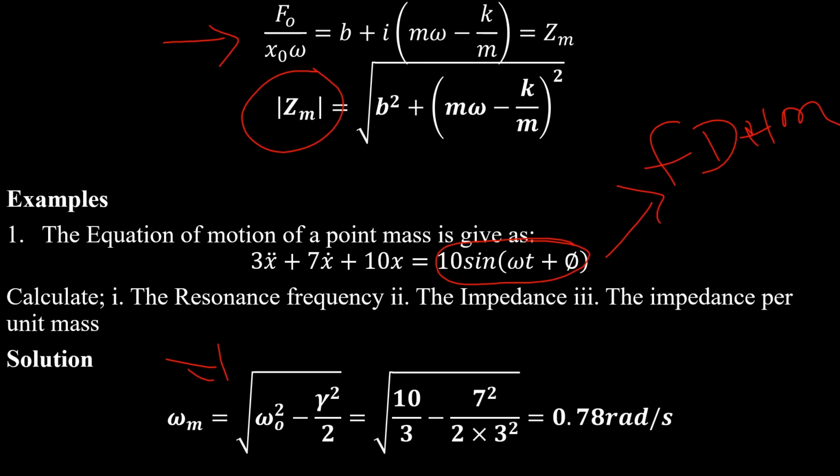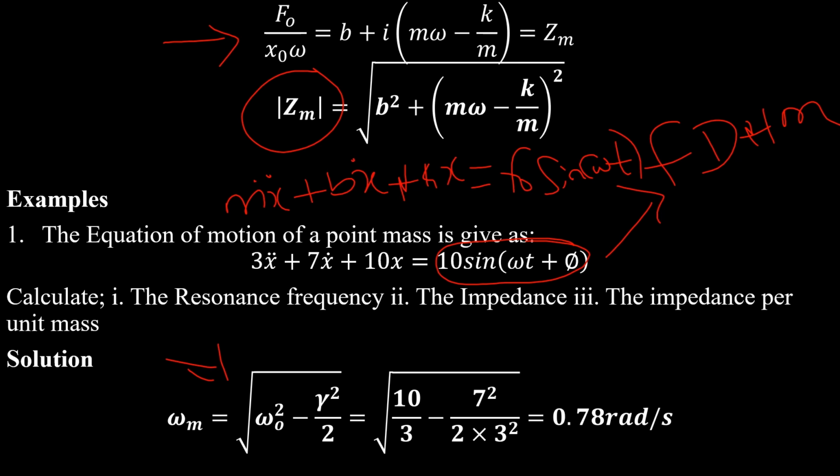So we can know that from m x double dot plus b x dot plus k x equal to F naught sine omega t, by comparison, m is equal to 3, b is equal to 7, and k is equal to 10.